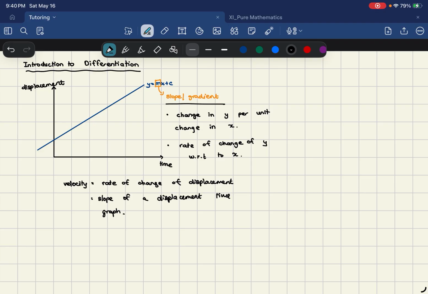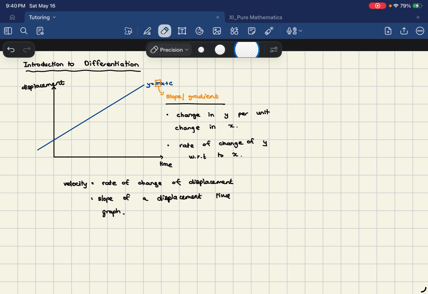A graph plots two variables: one on the y-axis, which is our dependent variable, and our independent variable on the x-axis. When we take the slope, we are studying how your y variable changes per unit change in your x variable, how your dependent variable changes per unit change in your independent variable. So we have an intuitive idea.